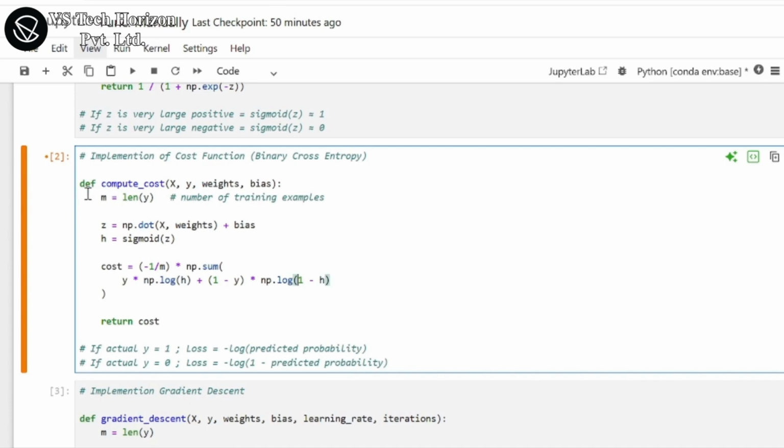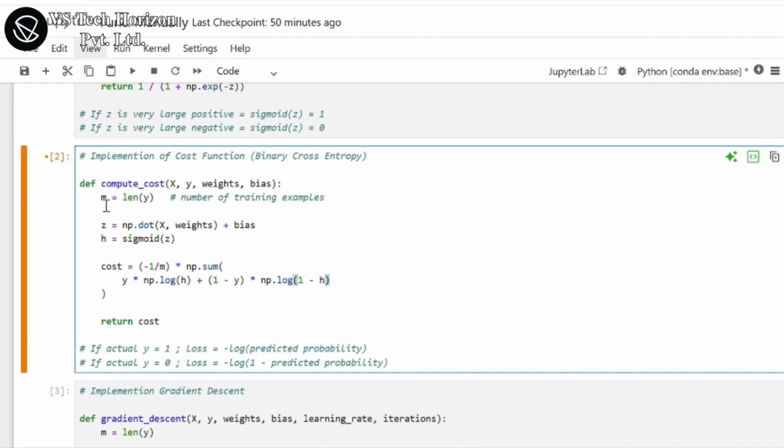The implementation of the cost function starts with defining a function named compute_cost, and it takes four parameters: X, y, weights, and bias, where X denotes input features, y denotes actual labels, weights are model parameters, and bias is the intercept term. The purpose is to measure how wrong our model currently is.